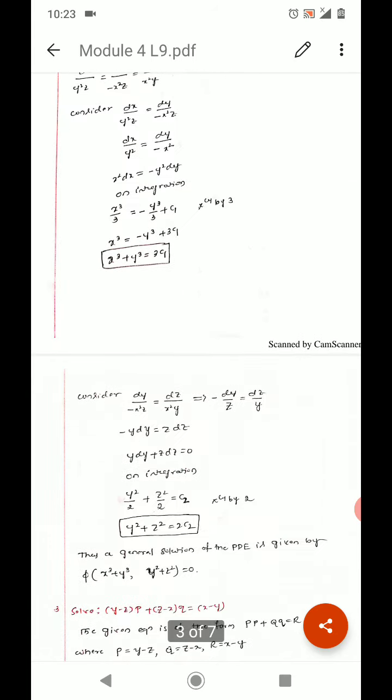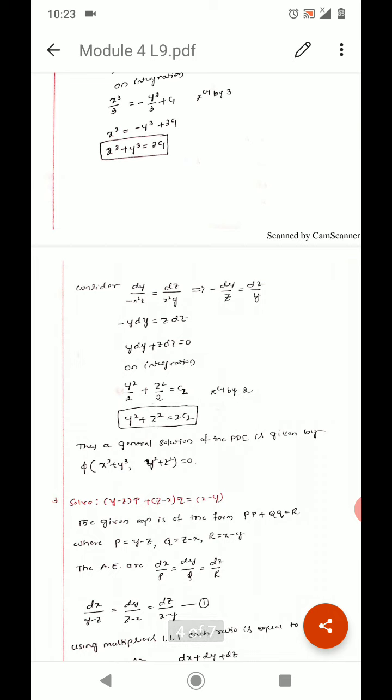Now consider the second pair, that is dy by minus x square z, which is equal to dz by x square y. Cancel x square from both sides in the denominator to get minus dy by z is equal to dz by y.